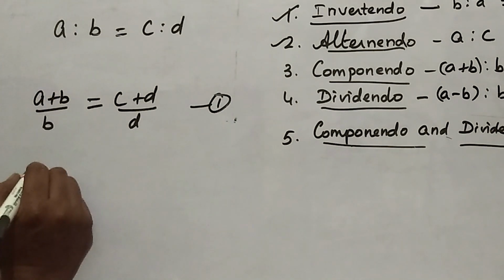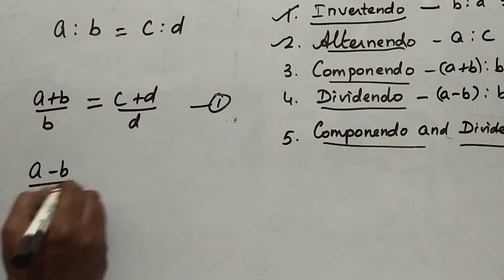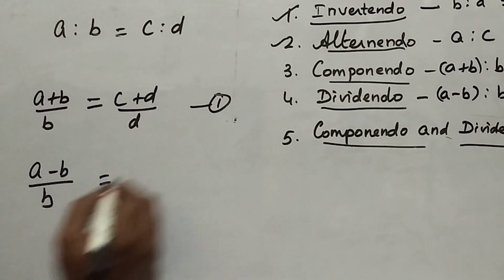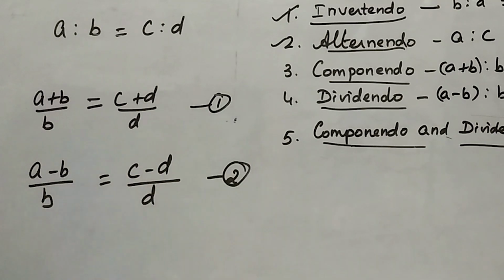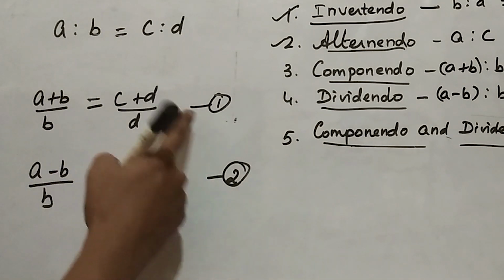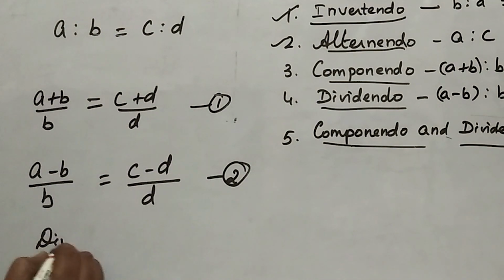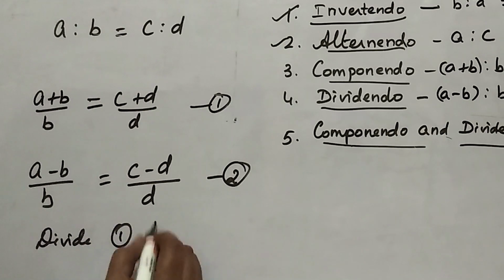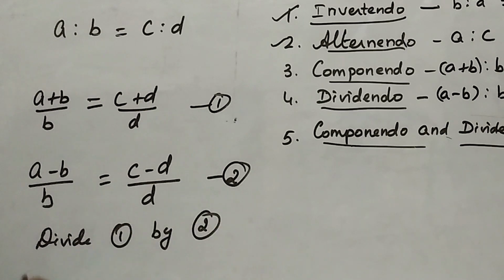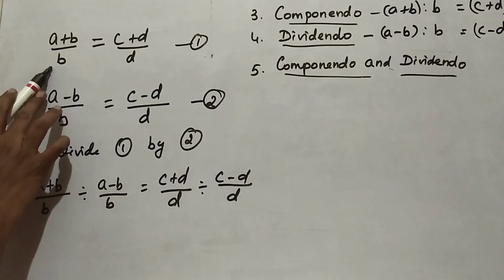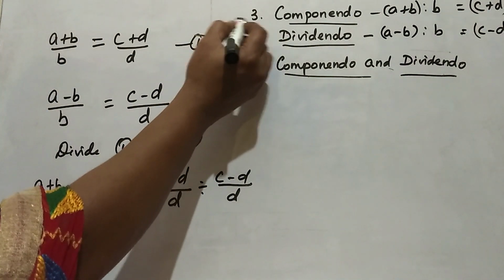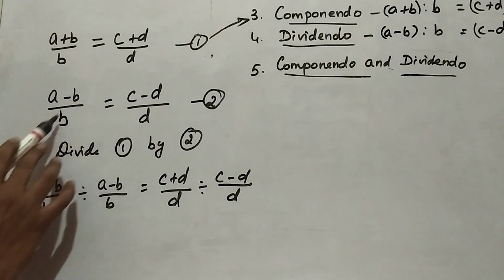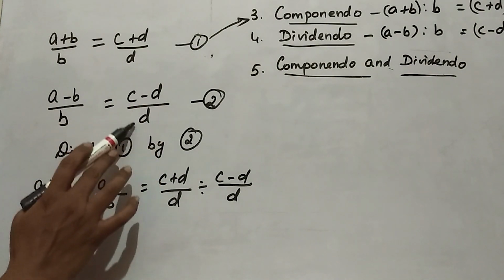Next, dividendo: A minus B upon B is equal to C minus D upon D. Keep it as 2. Now, divide 1 by 2. So you will get A plus B upon B is equal to C plus D upon D. That is componendo. Then A minus B upon B is equal to C minus D upon D. That is dividendo.